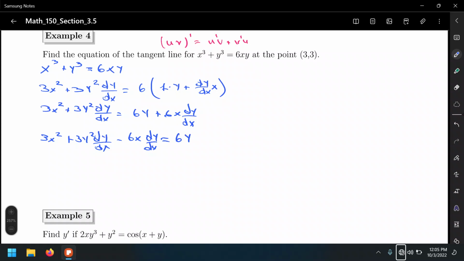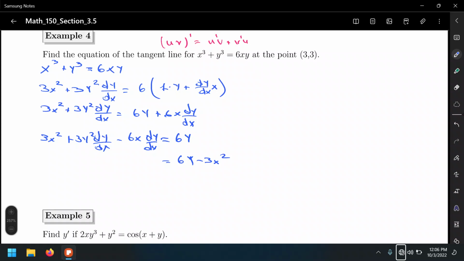Now let's move all the terms that do not contain dy dx to the right hand side. The only term we need to move is the 3x squared. So this will be 6y minus 3x squared, and over here notice how we have a factor of dy dx.